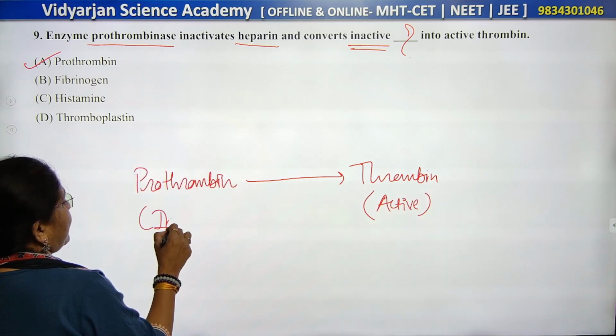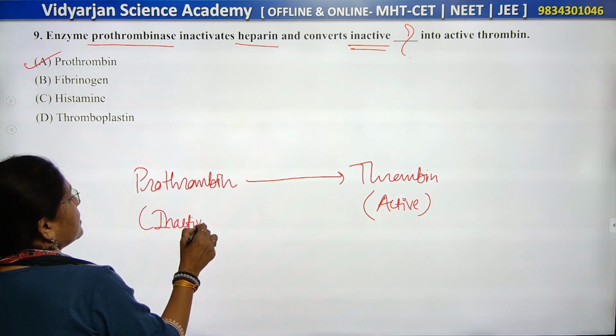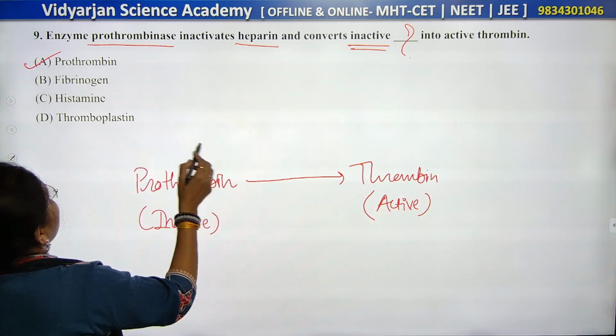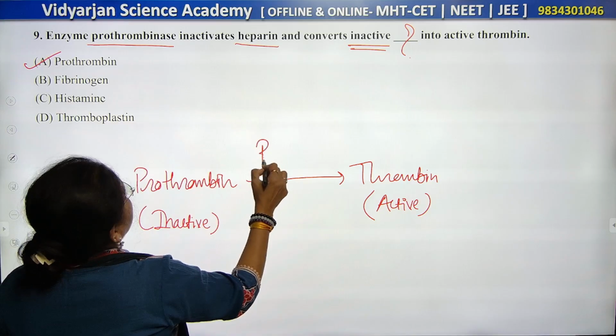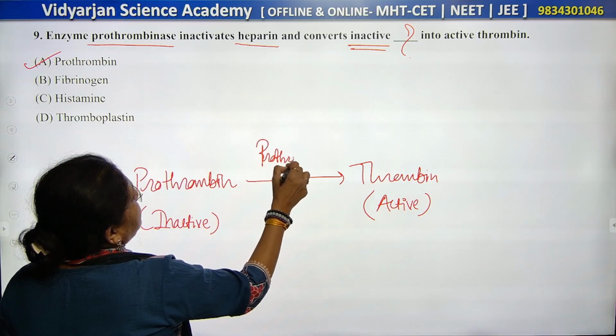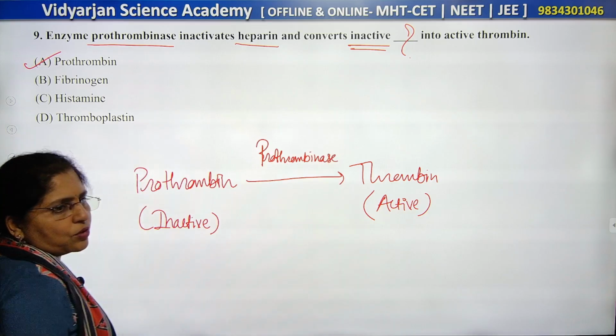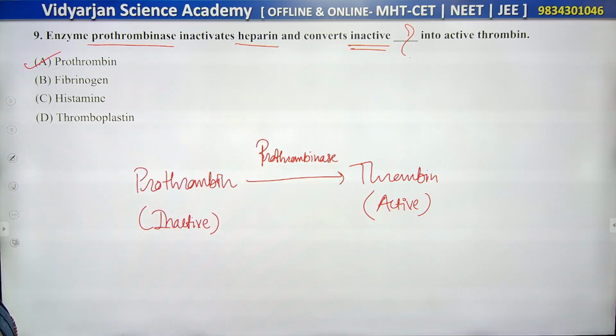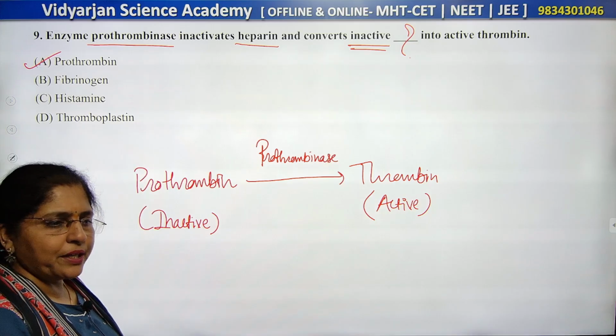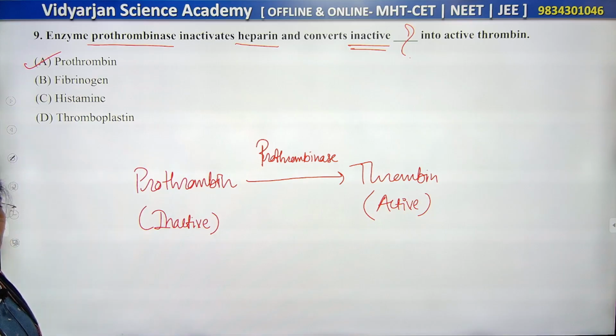Prothrombin is inactive. You should write this reaction. And which enzyme is there here? That is prothrombinase. Prothrombinase is the enzyme which is giving you this reaction. And then you have this cascade which will continue for the blood clot formation.